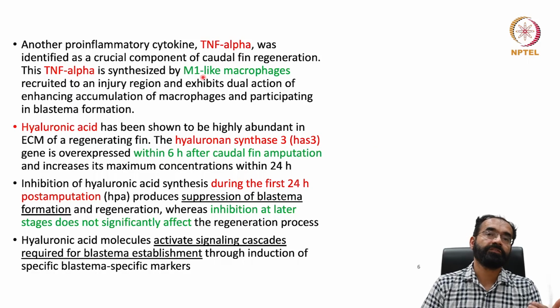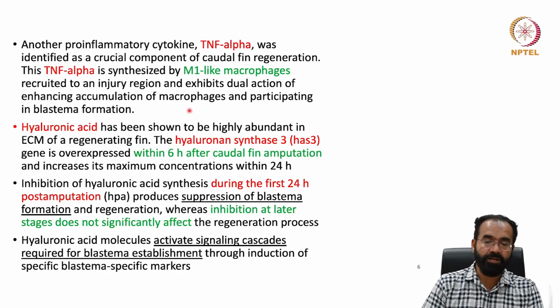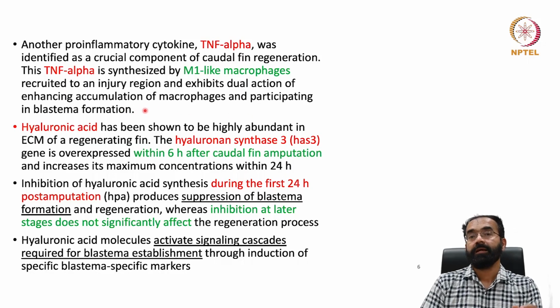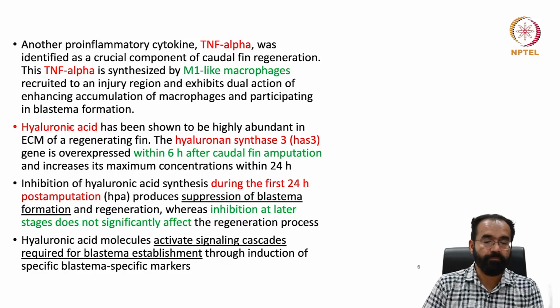M1 always makes pro-inflammatory cytokines, M2 macrophages always make anti-inflammatory cytokines, and they get recruited to an injury region and exhibit dual action of enhancing accumulation of macrophages and participating in blastema formation, because they can produce more TNF-alpha. More TNF-alpha means more M1 macrophages, and more M1 macrophages means more pro-inflammatory cytokine. So it's a kind of positive feedback cycle.